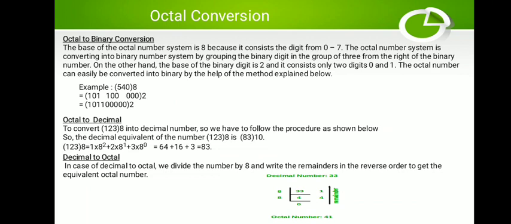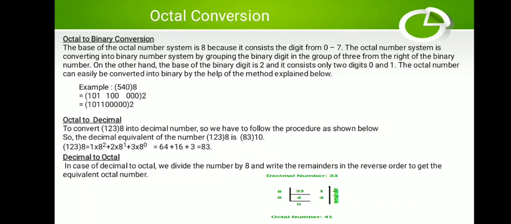That is 4 multiplied by 8 raised to minus 1, plus 5 multiplied by 8 raised to minus 2. And whatever fractional number you obtain, you combine the integer number and fractional part, and that is the equivalent decimal number of the given octal number.